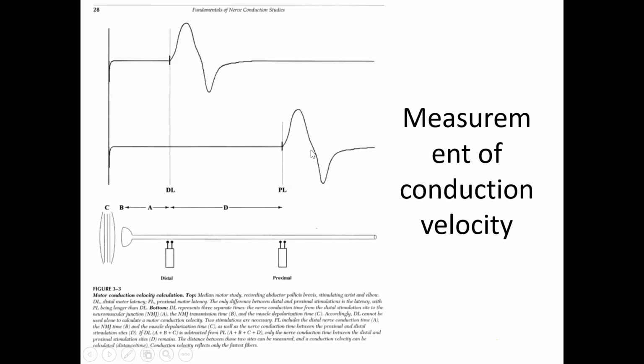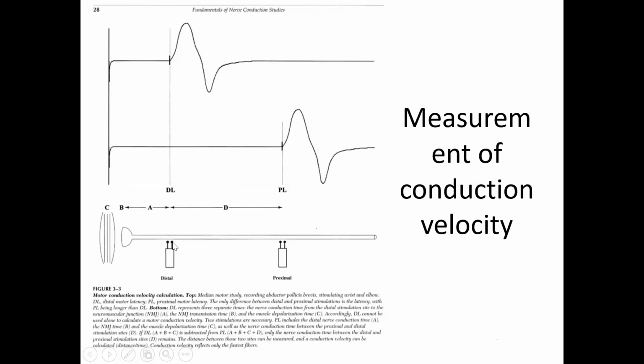This is D. Then the time taken for the nerve impulse and the muscle fiber contraction, traveling through this entire nerve segment, then the neuromuscular junction, and then the muscle depolarization. Are you understanding what I'm trying to disclose?